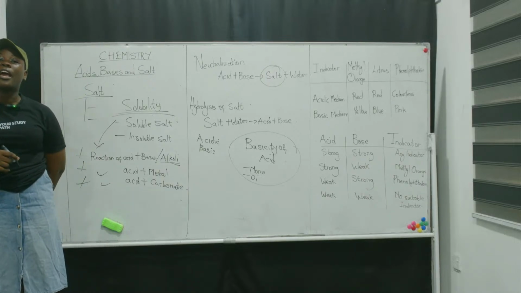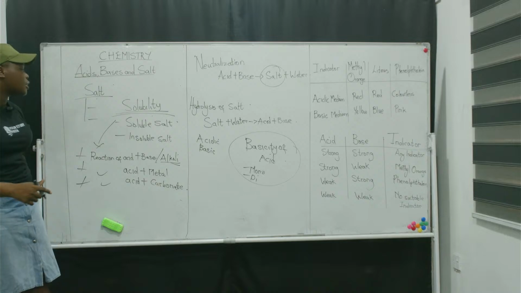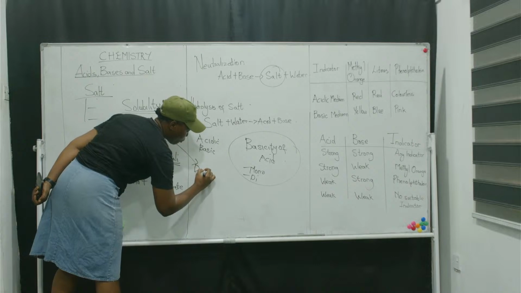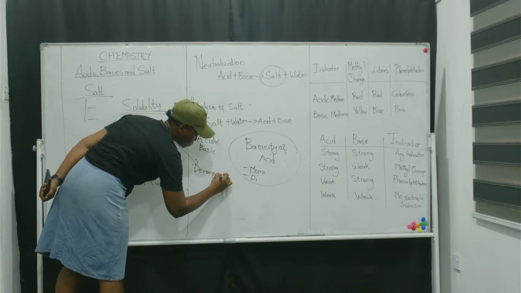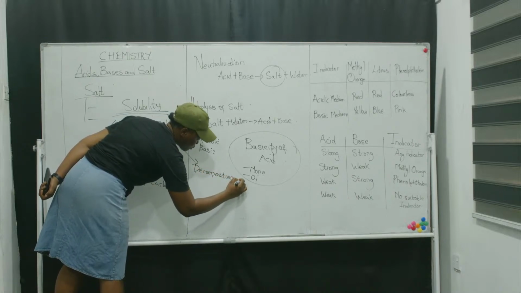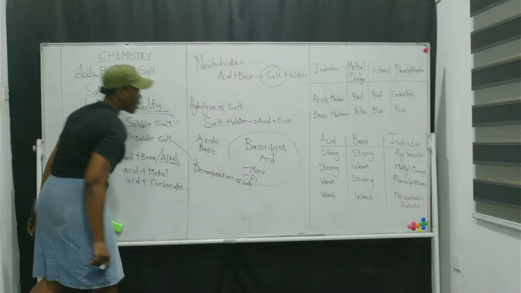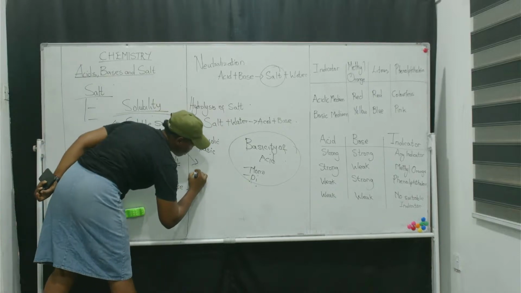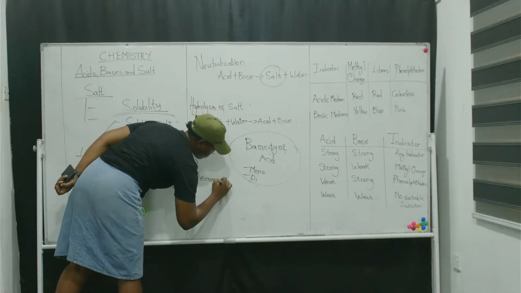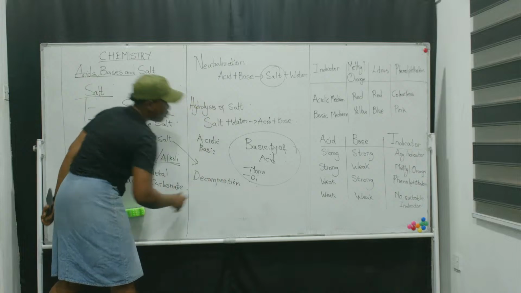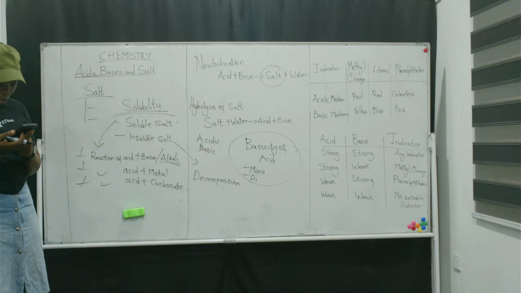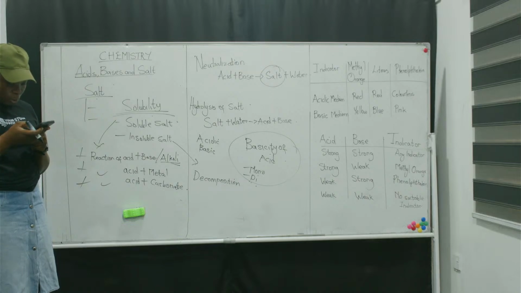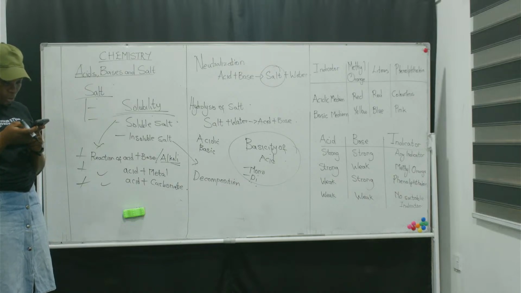So how do we prepare insoluble salts? Insoluble salt is prepared by the decomposition of salts, thermal decomposition rather, or let's just say decomposition.